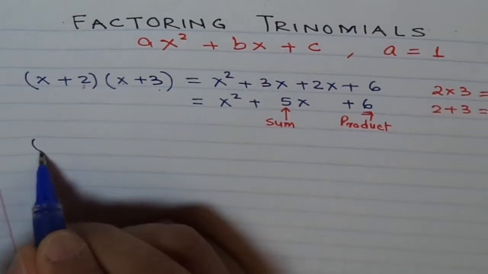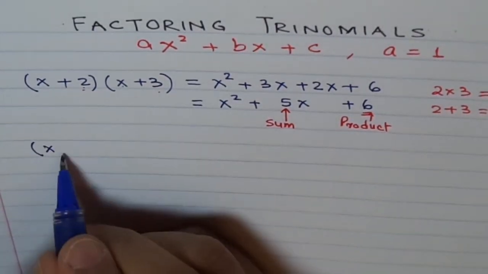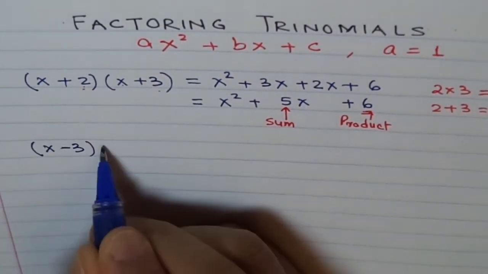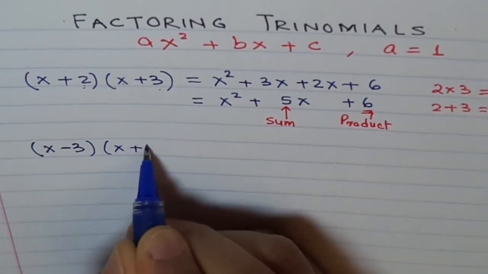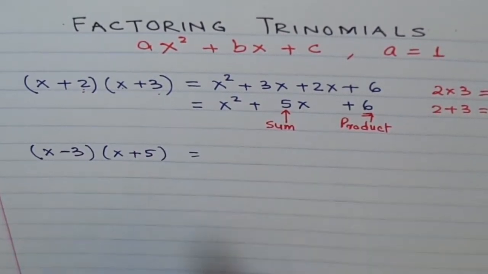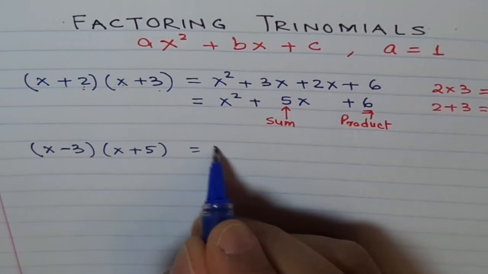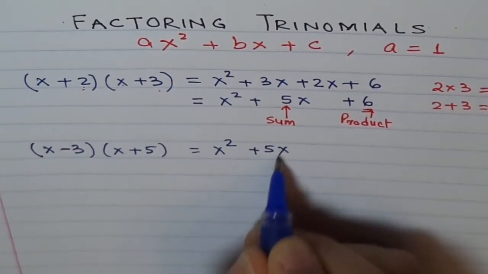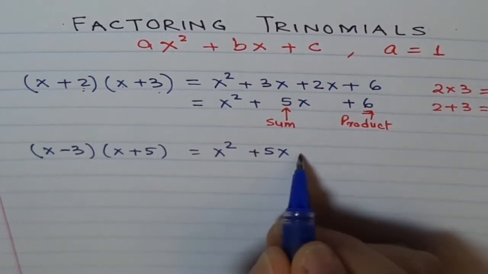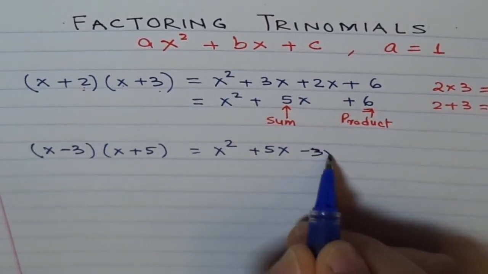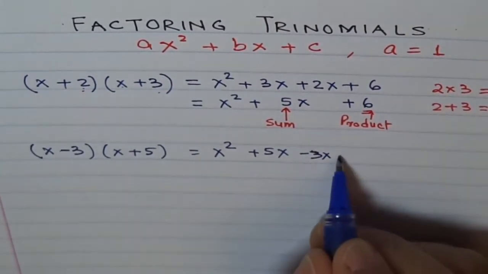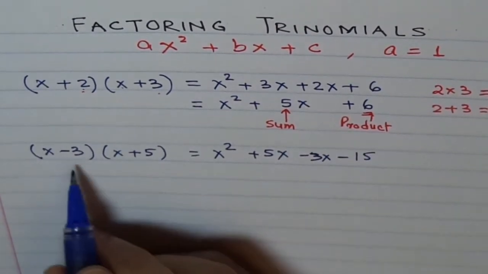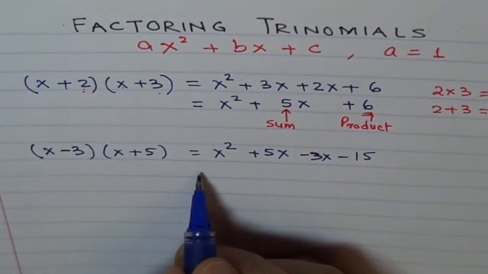Let's see with a few more examples if it is always true. This time, let's take a negative sign: x minus 3 times x plus 5. When you expand, x times x is x squared, plus 5x, minus 3x, and 3 times 5 is 15, minus, because minus times plus is minus.